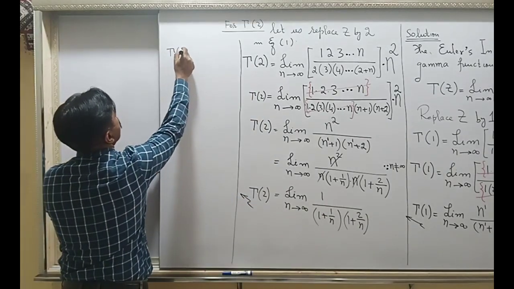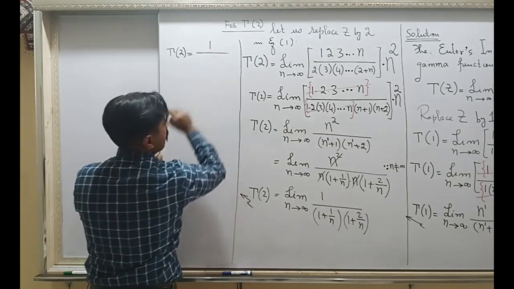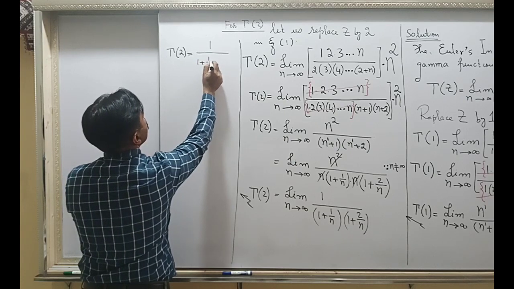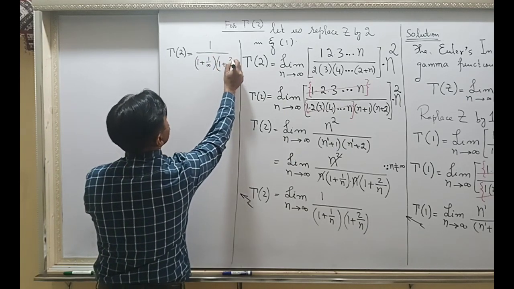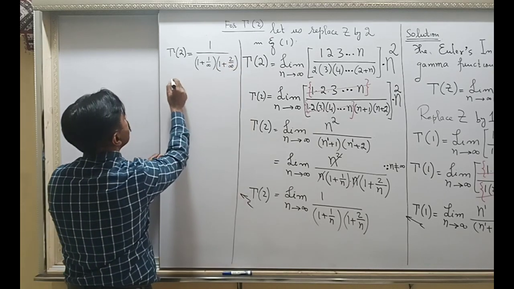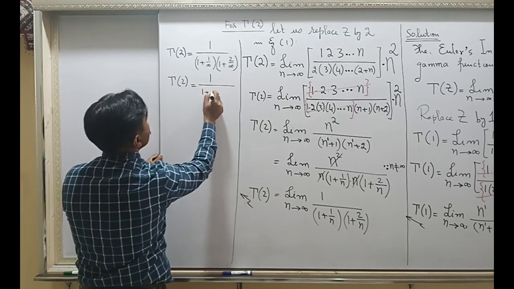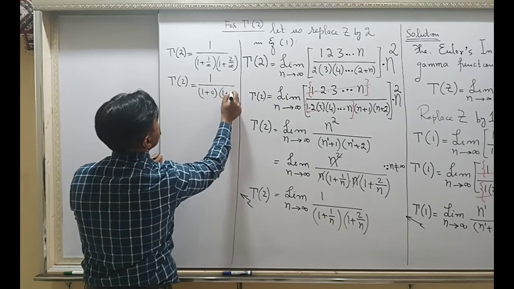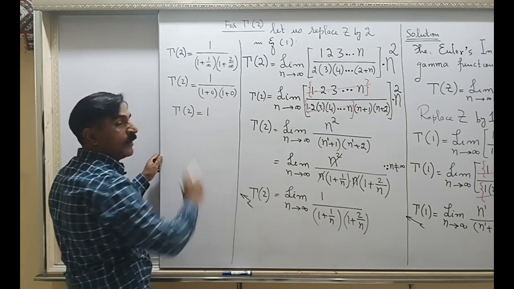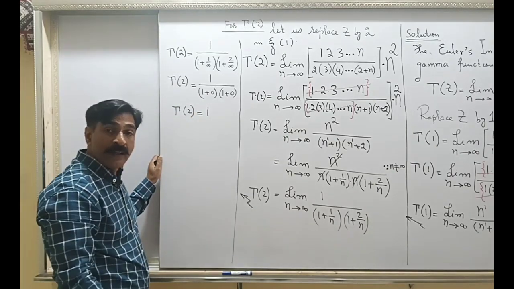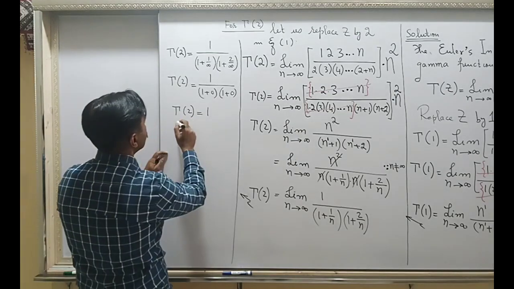Gamma 2 is equal to 1 over 1 plus 1 over infinity into 1 plus 2 over infinity, and you will get gamma 2 equal to 1 over 1 plus 0 into 1 plus 0, and gamma 2 is again 1. So gamma 1 was equal to 1 and now gamma 2 is equal to 1.